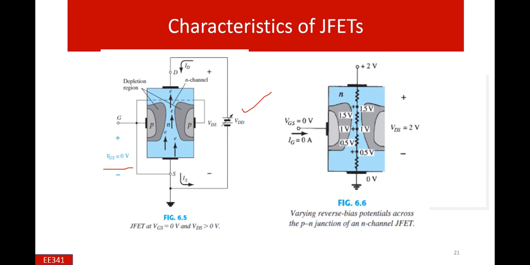because this is a thin region here, so resistance is high, so voltage is high here in the upper region as compared to this one.